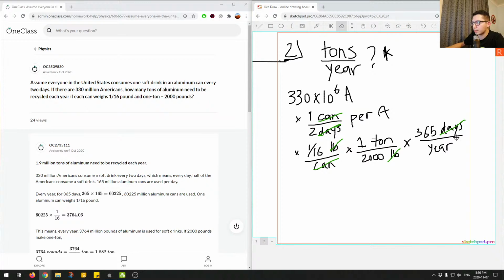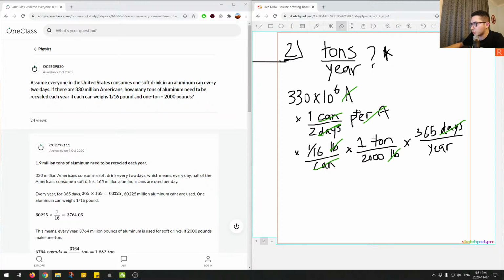We're canceling anything in the numerator versus things in the denominator. So this is in the denominator, this is in the numerator, they can cancel out. This is in the denominator, this is in the numerator, they cancel out. Cans in the denominator, this is in the numerator, they cancel out. This is in the numerator, this should be in the denominator because it's per American, so this cancels out. And then finally, we're left with tons and then per year.